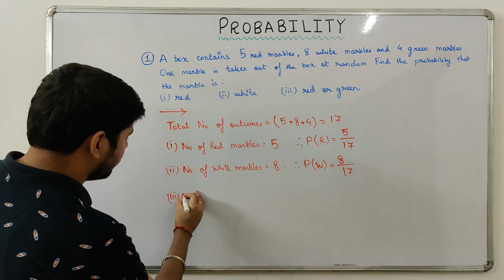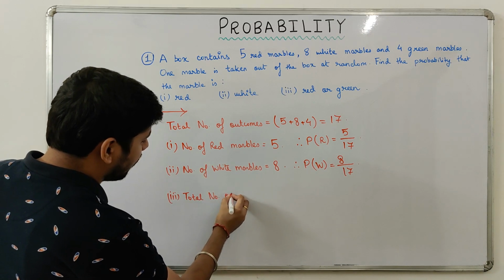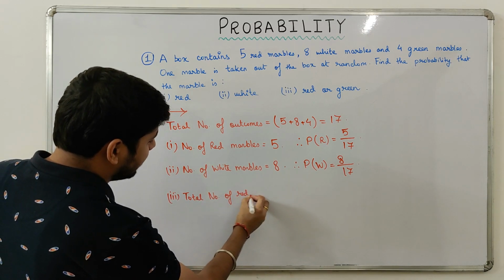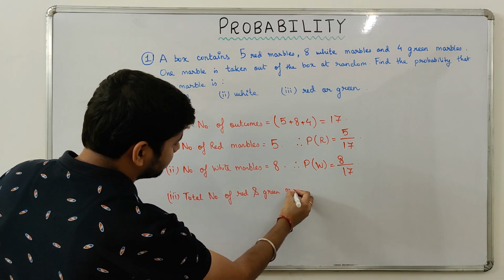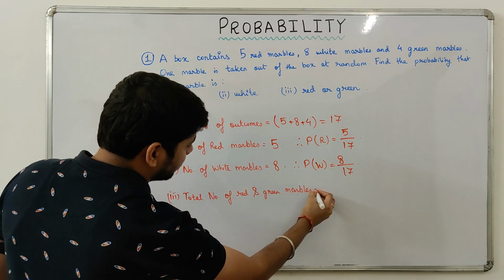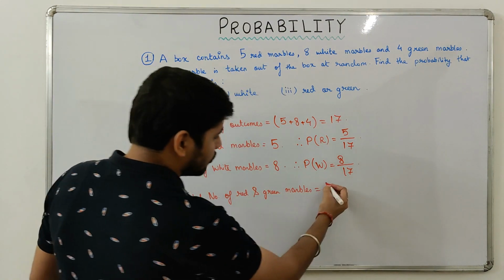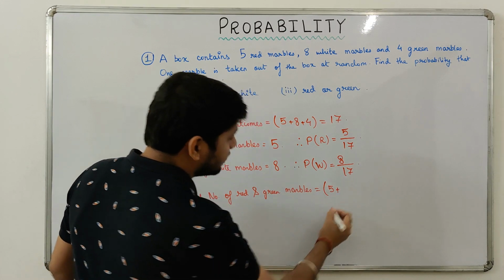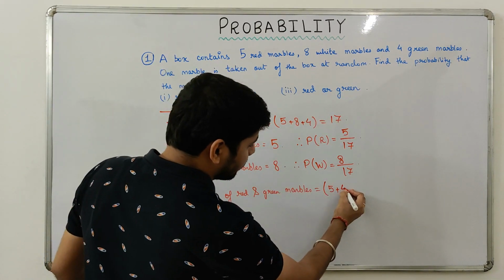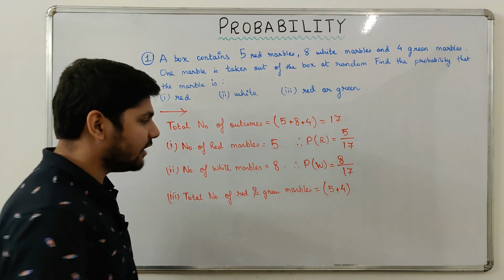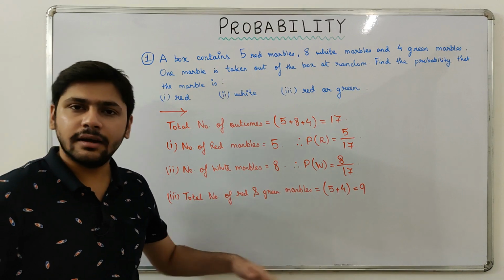So, total number of red and green marbles is equal to, we have 5 red marbles, so 5 plus 4 green marbles, so 4. So in total we have 9 red and green marbles.